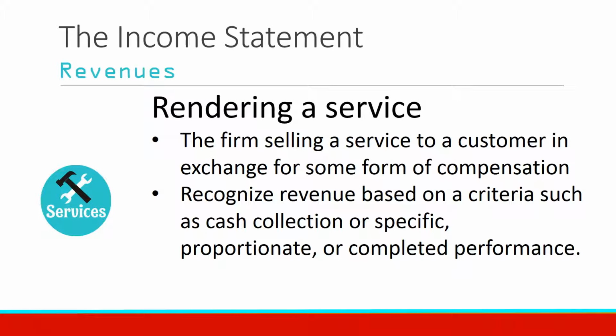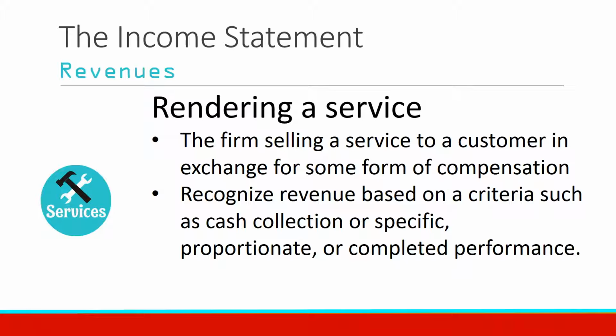In the second category of revenue, we'll think about rendering a service. The firm is selling a service to a customer in exchange for some form of compensation. Again, that can be cash, a future cash payment, or the delivery of some sort of goods or services. Recognizing revenue in the case of rendering a service is a little more difficult.